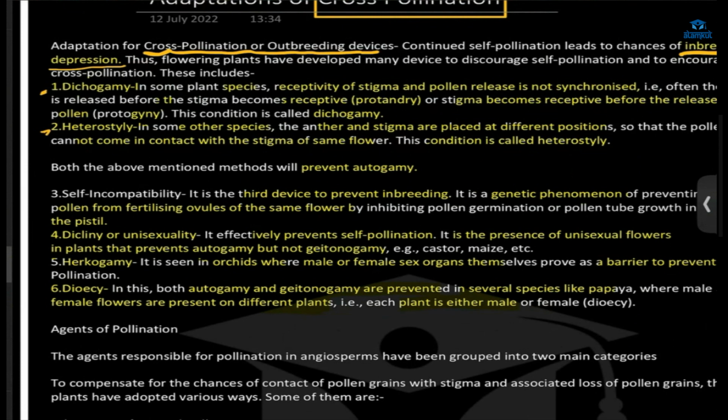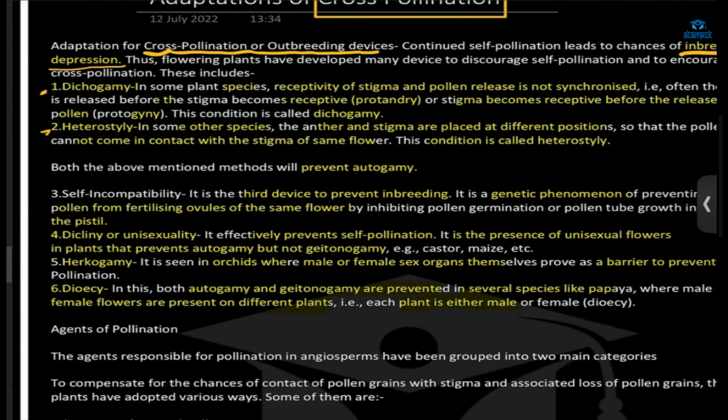This you will learn in the pollen pistil interaction. When a pollen grain falls on the stigma, the stigma will send signals and chemicals, and the pollen will also send chemicals, and they will talk to each other.